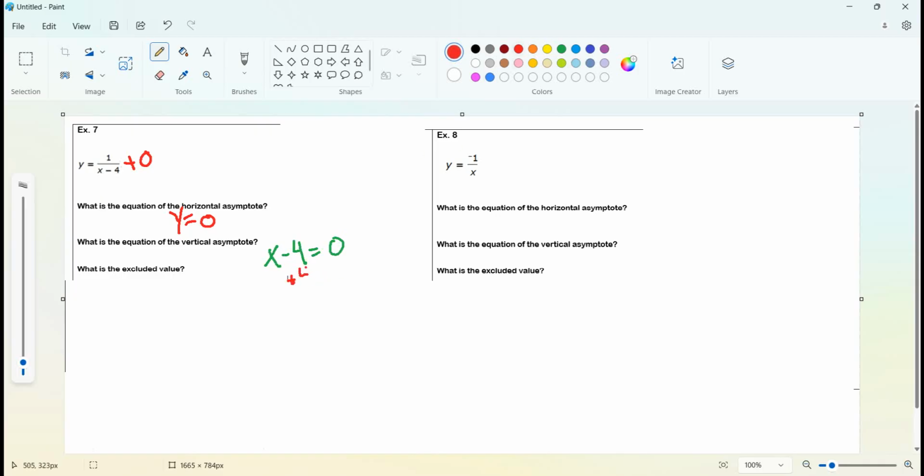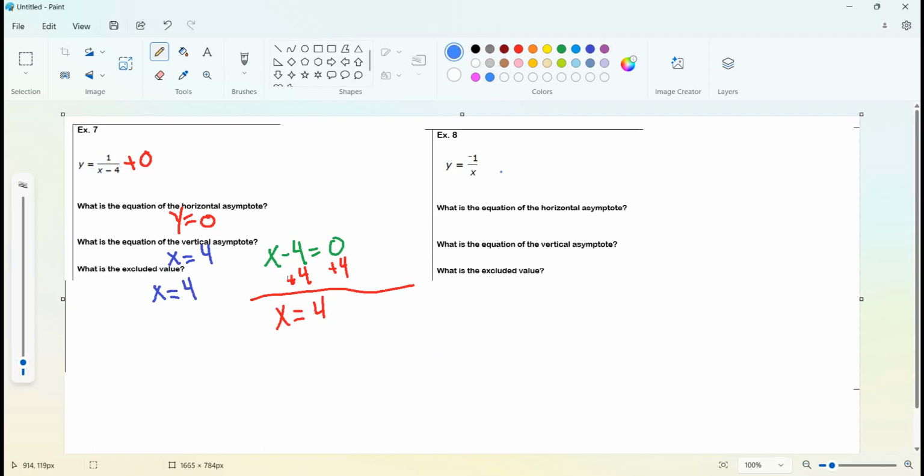So we're going to add 4 to both sides, and we end up with x equals 4. So the vertical asymptote is going to be x equals 4. That excluded value would be x equals 4. If x ever showed up as 4, that's just a no-go right there.